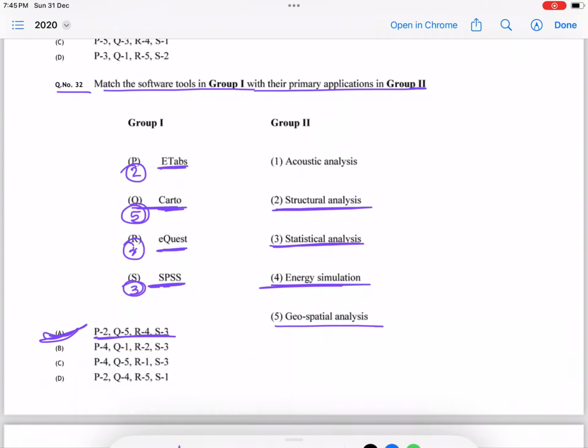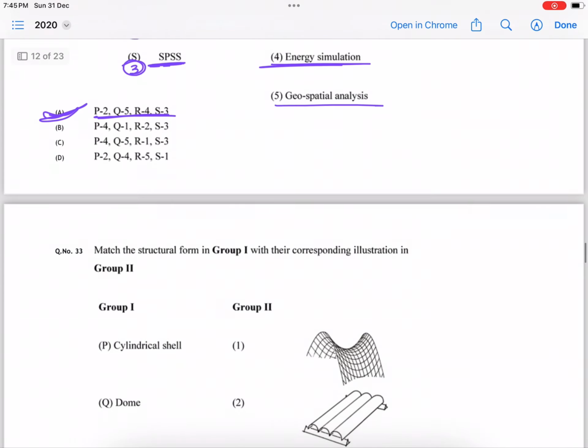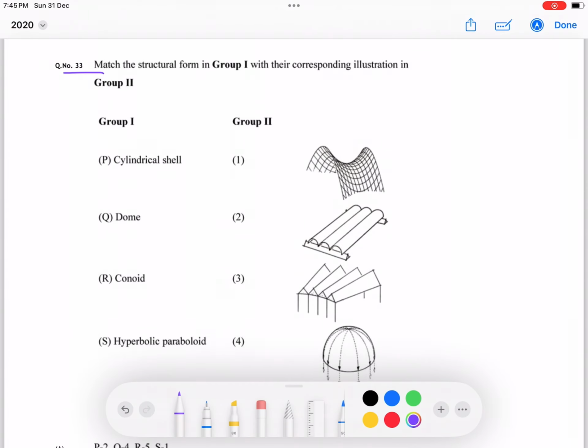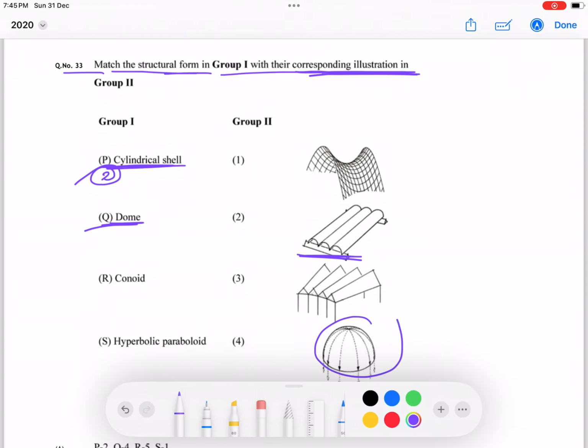Moving on to the next question. Question number 33. Match the structural form in group 1 with their corresponding illustration in group 2. First is the cylindrical shell. The cylindrical shell is shown by the 2nd. And the dome, we all know, is represented by the 4th illustration.